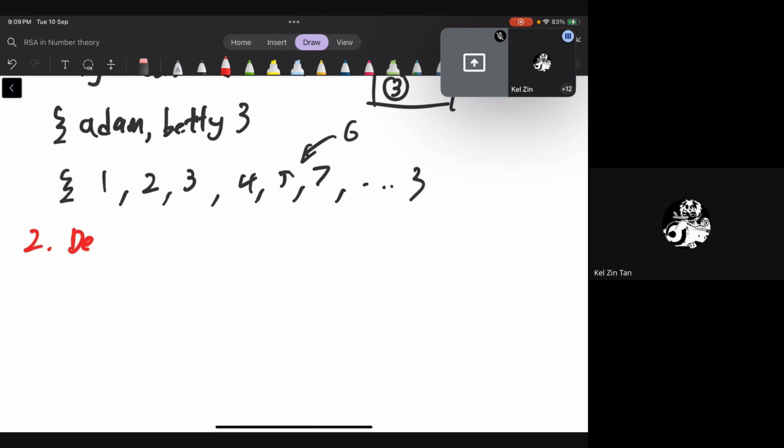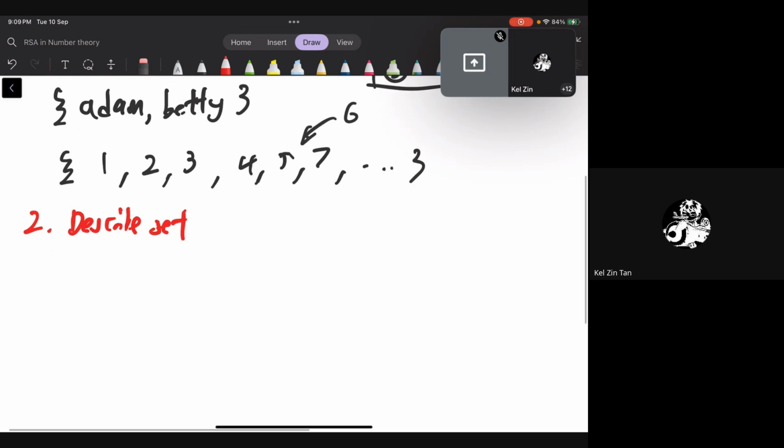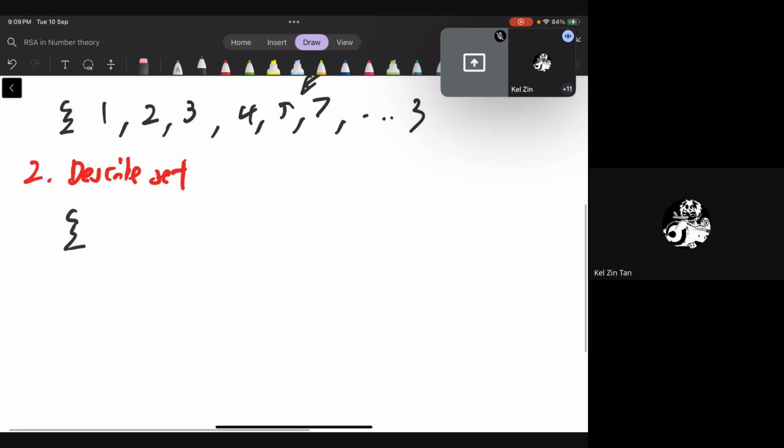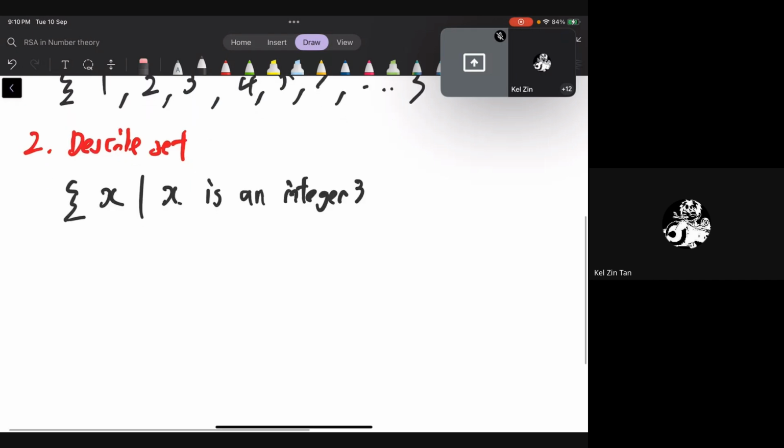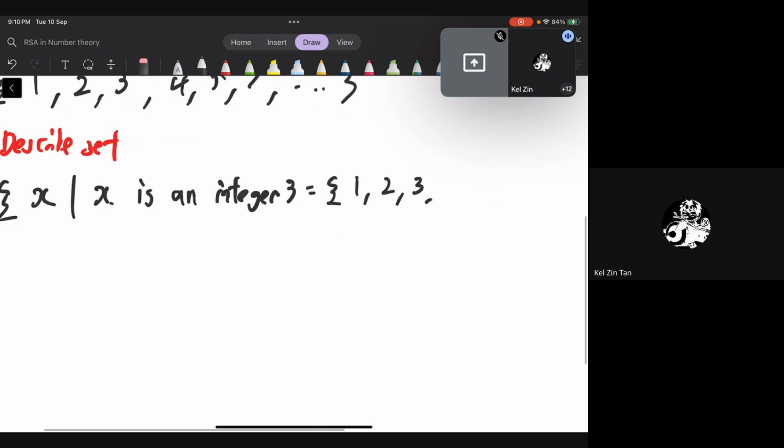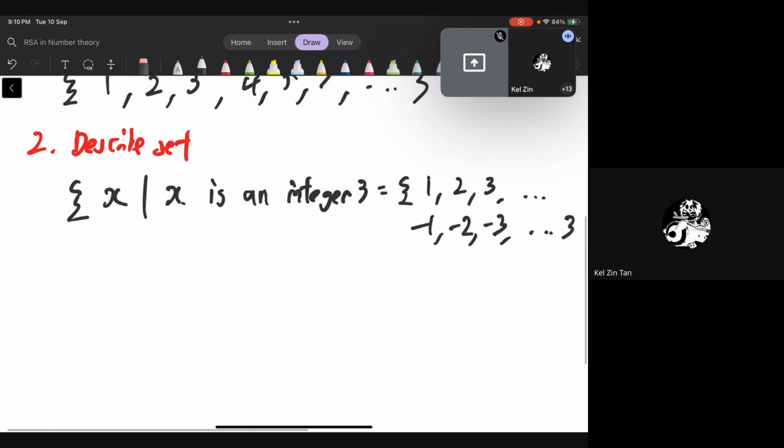Now we look at how to describe a set. The usual way is that you put an X here, then a slash in between, and then write X is an integer. This is equivalent to 1, 2, 3, and so on. I also need to include the negative numbers: -1, -2, -3. But it is easier to describe a lot of things this way because we are using words.